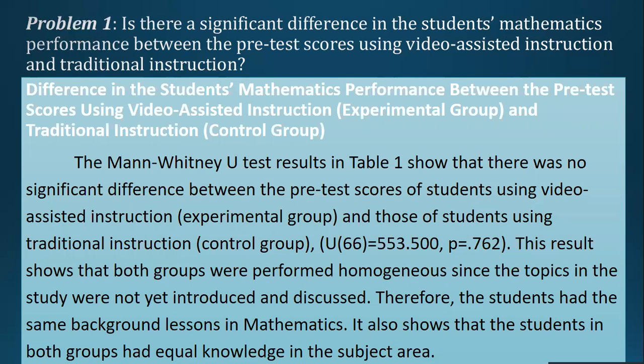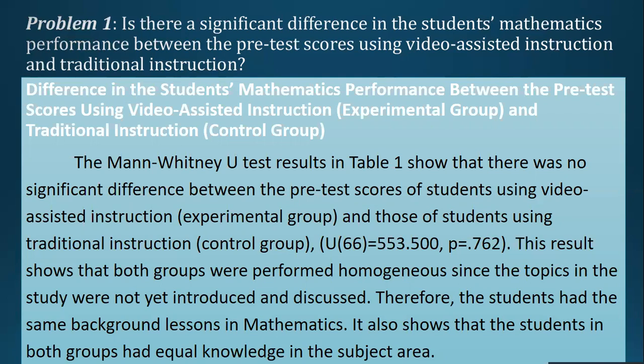The Mann-Whitney U test results in Table 1 show that there was no significant difference between the pre-test scores of students using video-assisted instruction for the experimental group and those of students using the traditional instruction for the control group, with the Mann-Whitney U value equal to 553.500 with a P value of 0.762.